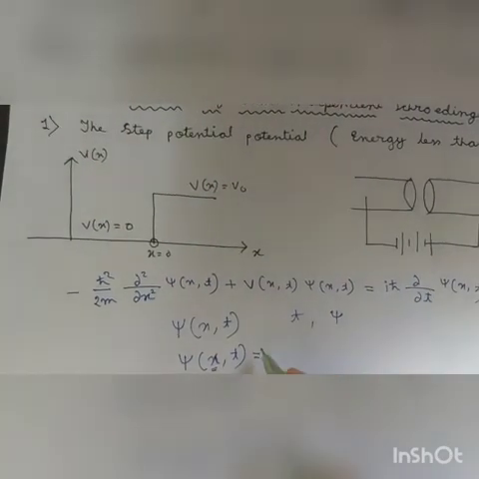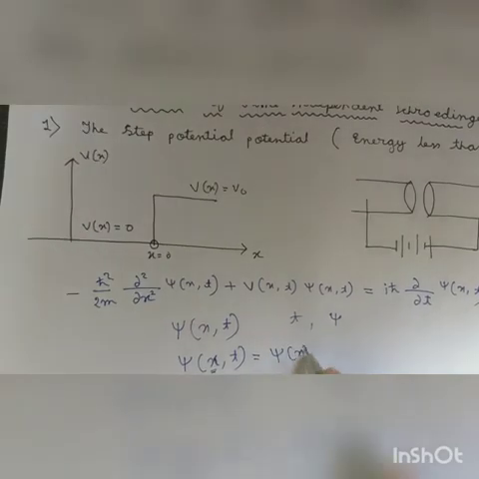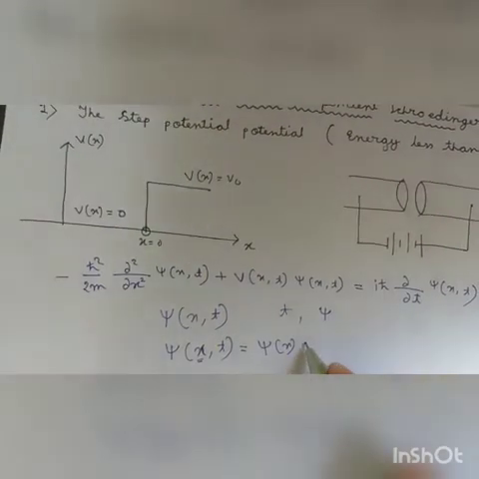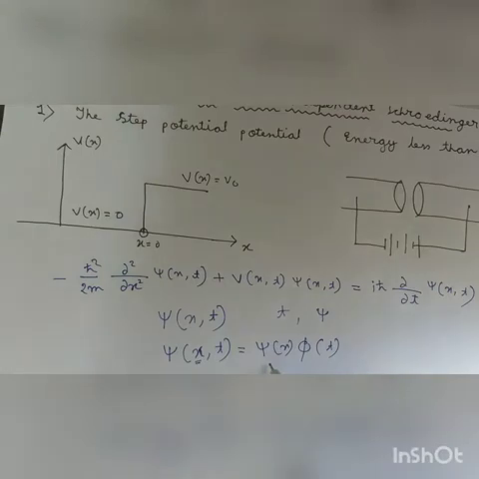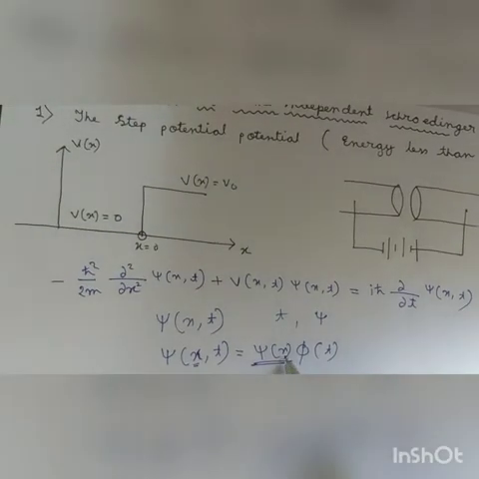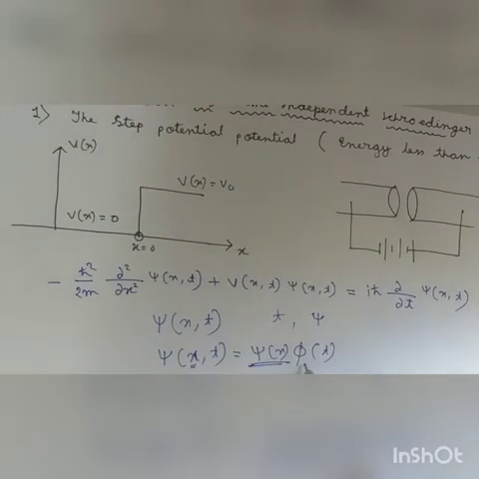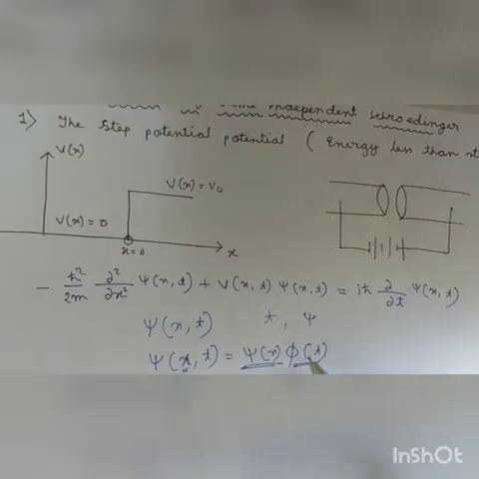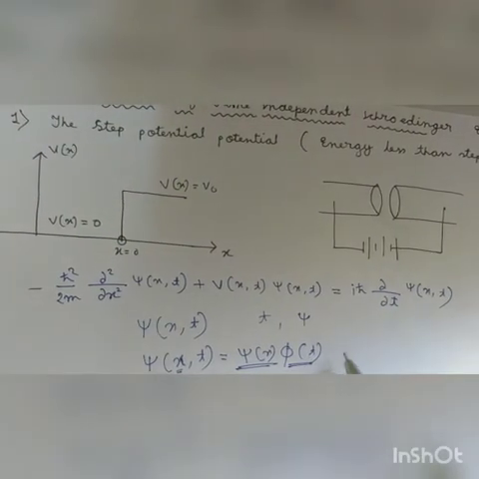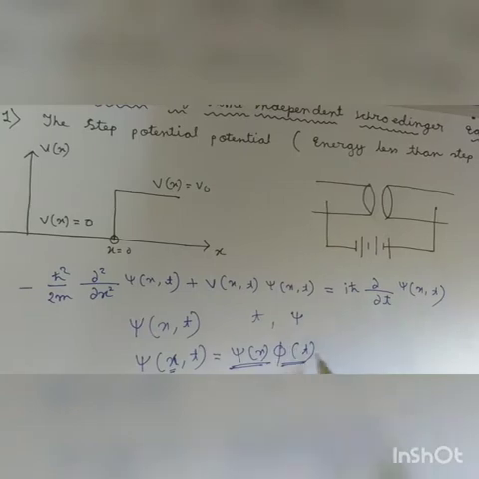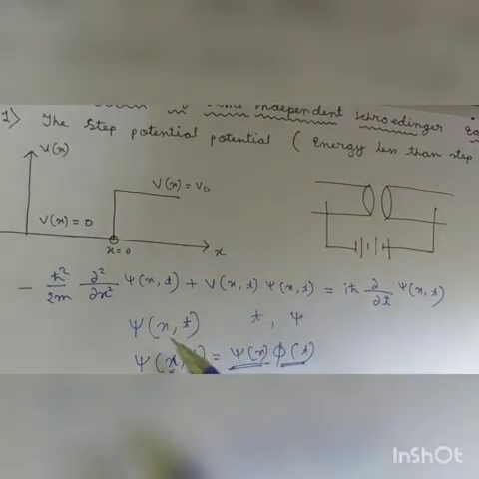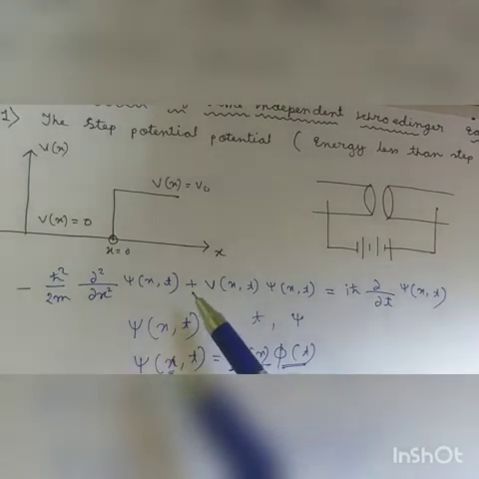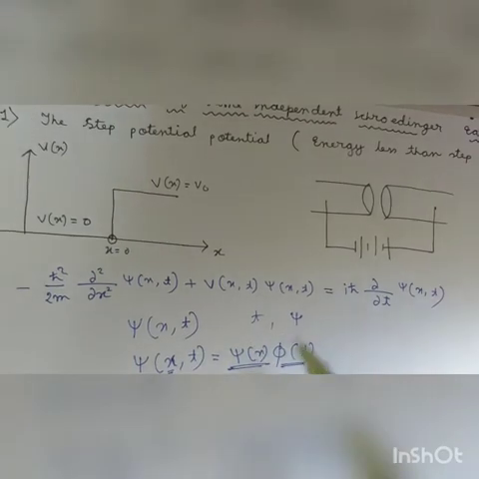So we can write it in terms of two other functions. The first function is a function of x and the second function is a function of t. This method is called the method of separation of variables. After solving this partial differential equation, we get two ordinary differential equations.